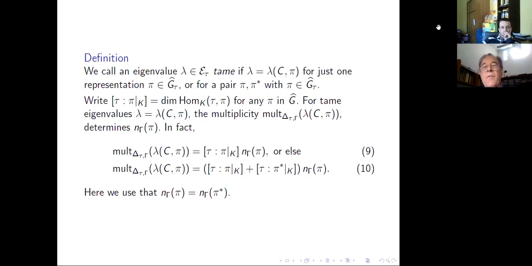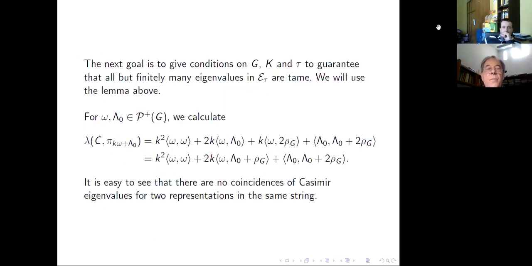But tame eigenvalues are nice in the sense that they correspond essentially to just one representation, or eventually to a pair pi, pi star, of pi and the dual of pi. In that case the multiplicity of the eigenvalue can be expressed easily. And then we want to give conditions on G, K, and tau to guarantee that all but finitely many eigenvalues are tame.